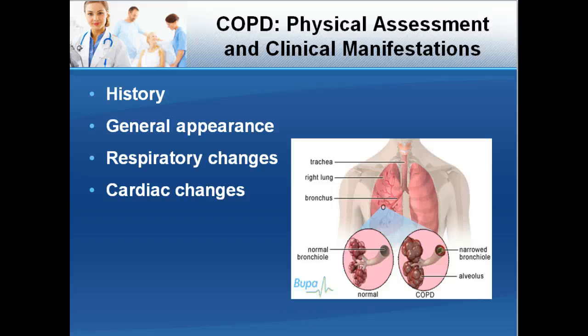Remember the general appearance of somebody with COPD: observe his or her weight in proportion to height. The patient with increasingly severe COPD is thin with loss of muscle mass in the extremities, although the neck muscles may be enlarged.